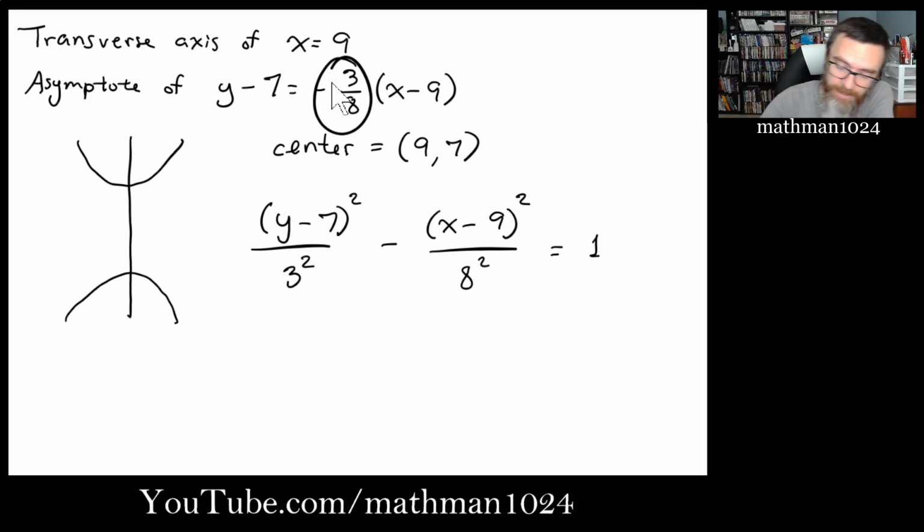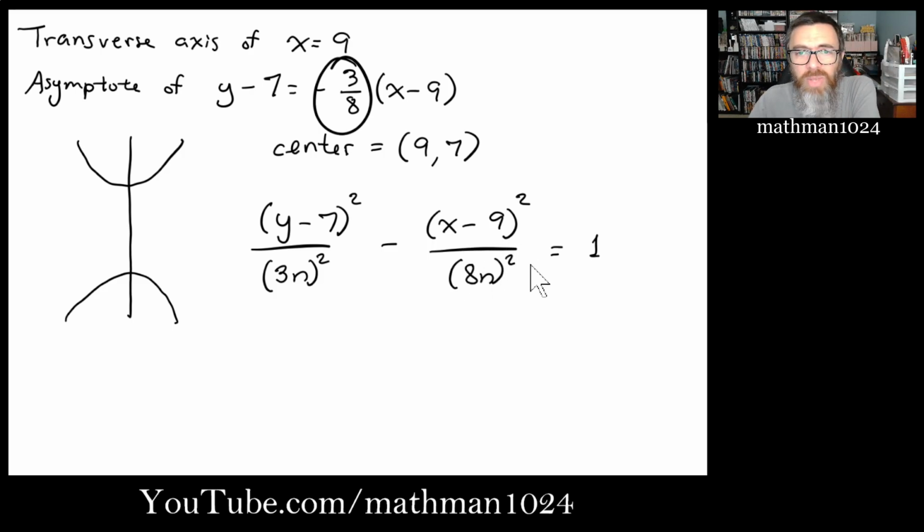So really, what it means is that instead of saying 3 squared and 8 squared, we could say it's 3n squared and 8n squared, where n is just some kind of number, I would say some positive number.